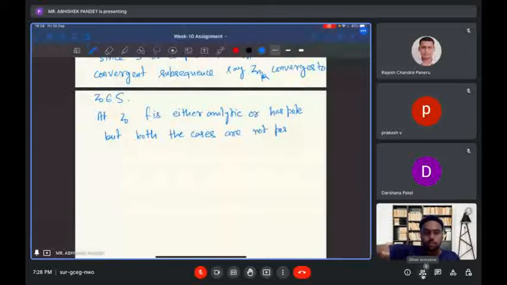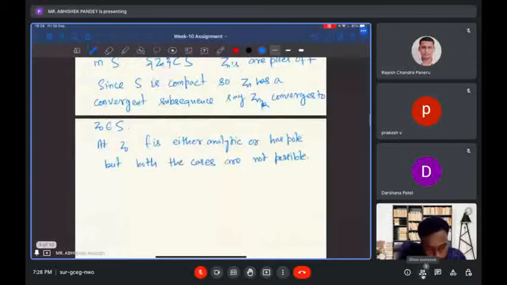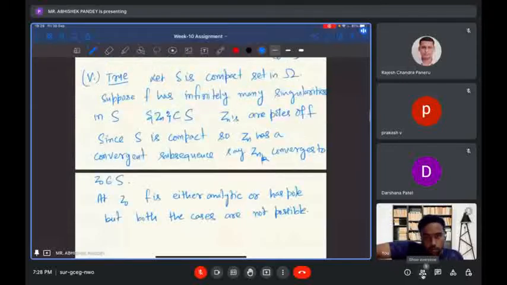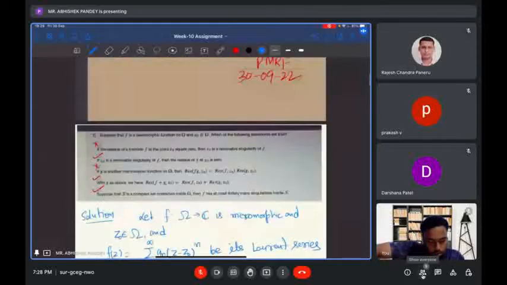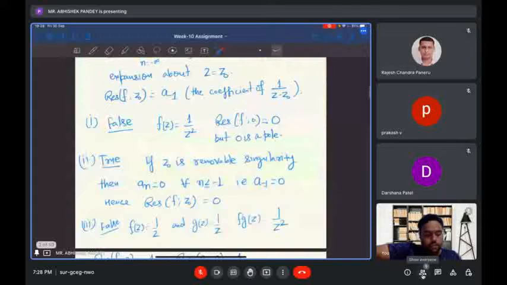Is it clear to everyone? So basically the fifth option is about: suppose that S is a compact set contained inside omega, then F has at most finitely many singularities inside S. So we have assumed that F has infinitely many singularities.